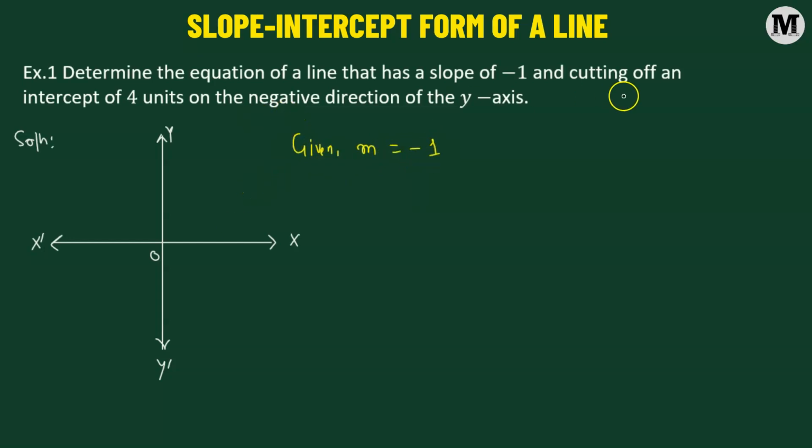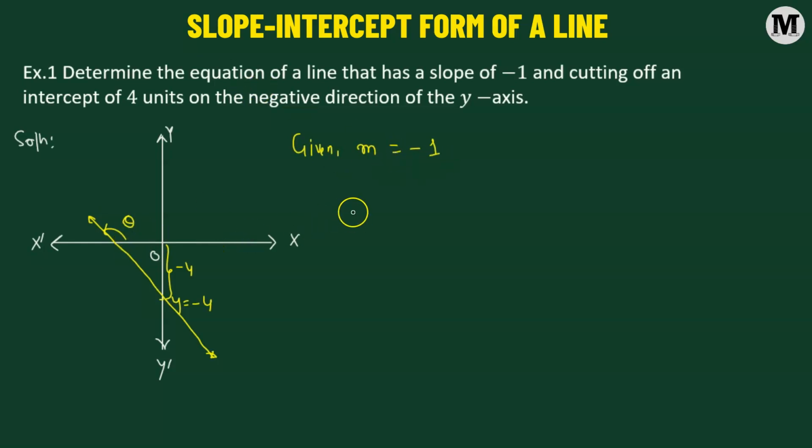Also it has an intercept of 4 units on the negative direction of the y-axis, meaning the line cuts the y-axis at y equals -4, so -4 is the y-intercept of the line. Since the line has a negative slope, meaning an obtuse angle, our line is as shown in the diagram here. The angle it makes with the positive direction of the x-axis is obtuse, and that's why we have a negative slope.